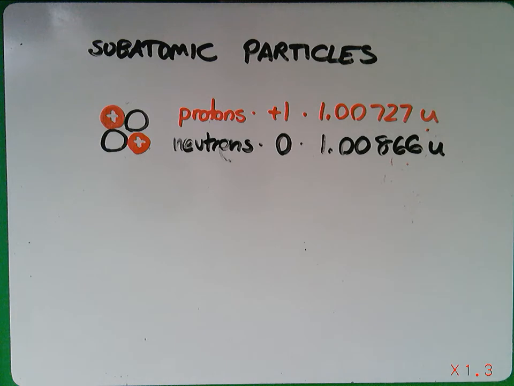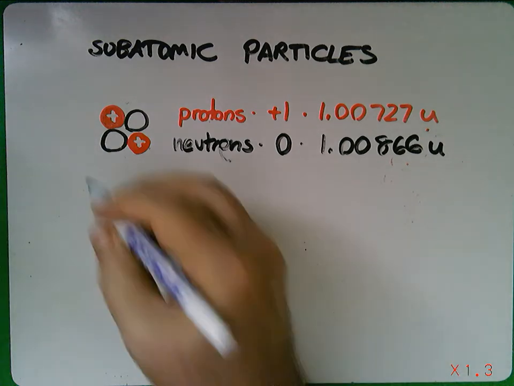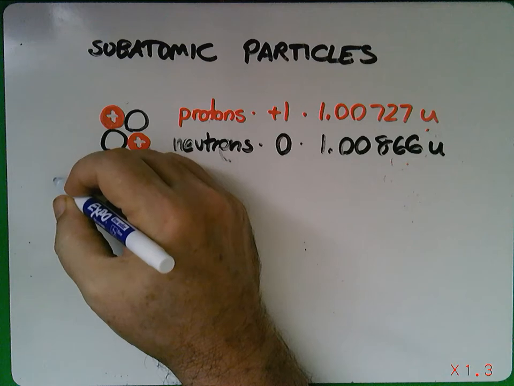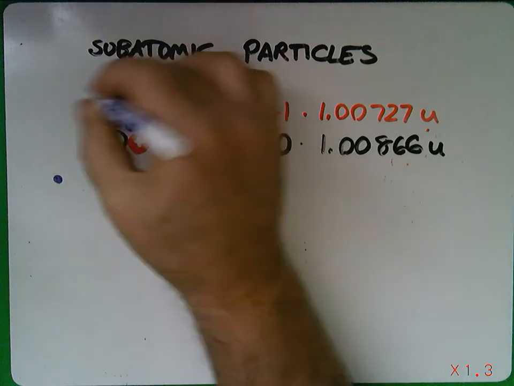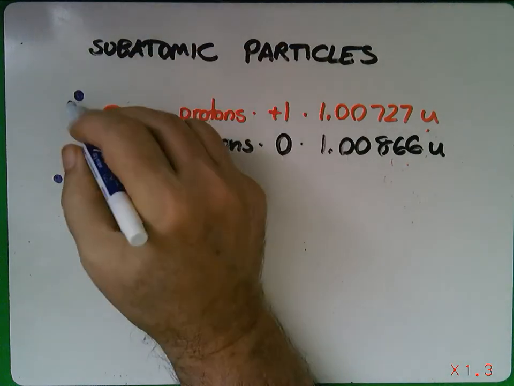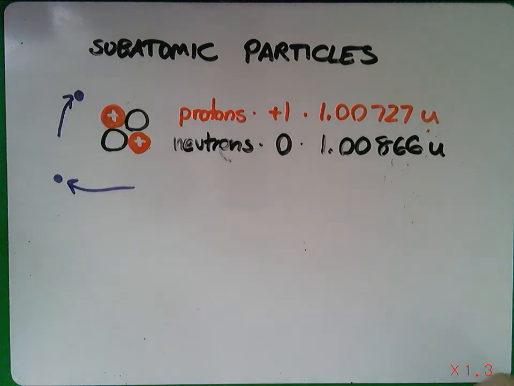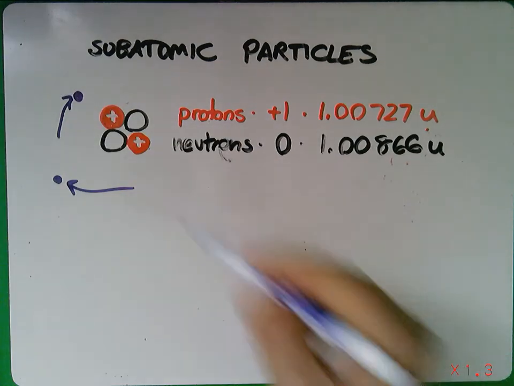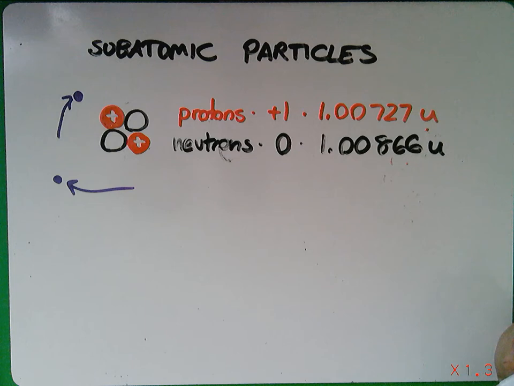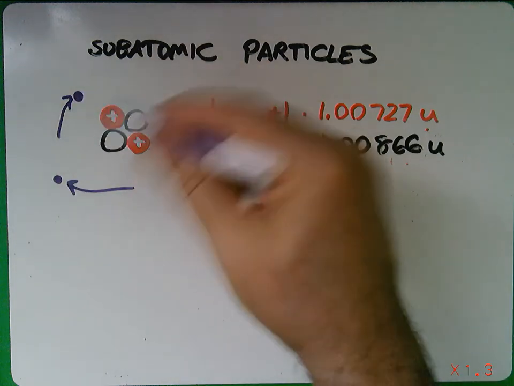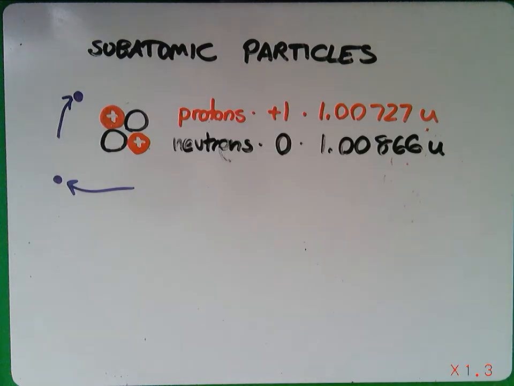Now, the other piece of the atom, if this is a helium atom we're drawing here, would be the little electrons, which I'll draw as little purple things. And they're moving in the empty space around the nucleus somehow. Rutherford thought that they were orbiting it like planets orbit the sun, but we now know that isn't the case.